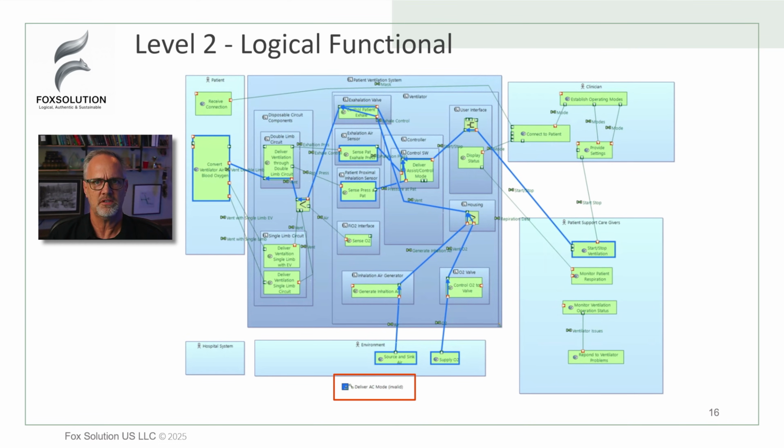We're getting closer to this physical representation where we're going to start saying, okay, we're going to deliver certain functions with people in the system. Now, if you look at the 62366 medical device usability document, you're going to find that this diagram looks a lot like the diagrams that they show in usability.